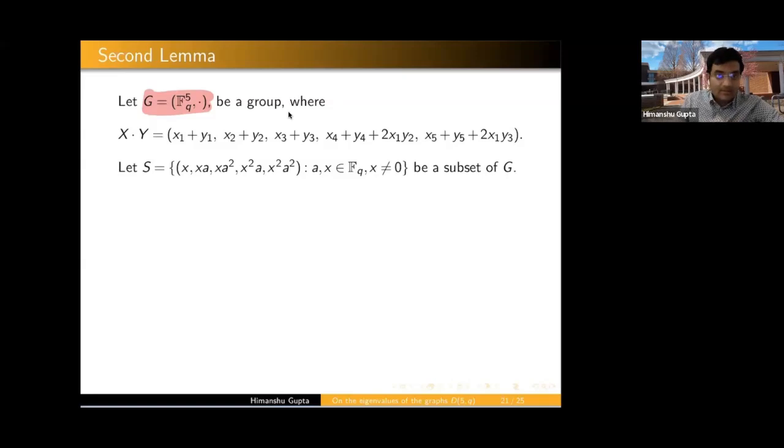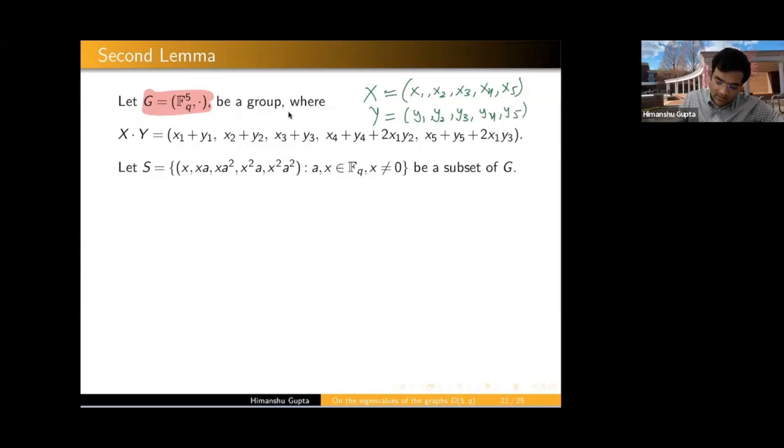But the binary operation is like this. X dot Y is going to be this. I'm writing X as X1, X2, X3, X4, X5, and Y as Y1, Y2, Y3, Y4, and Y5.